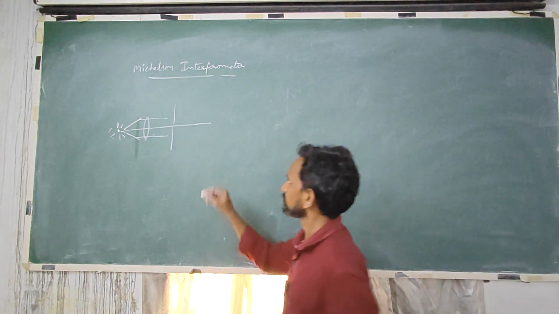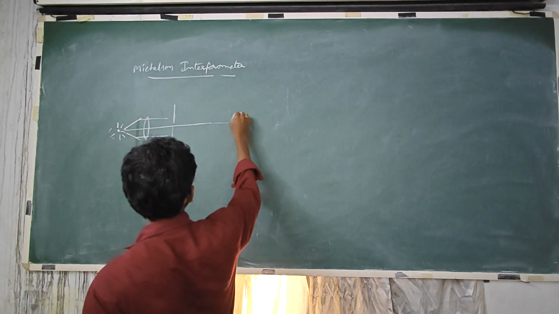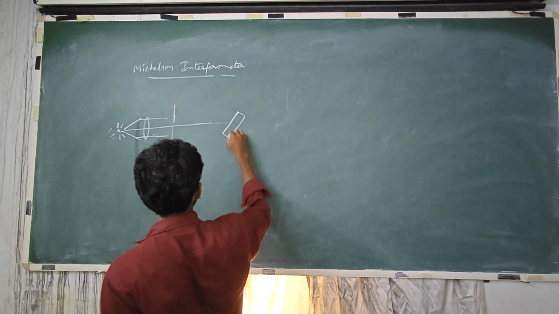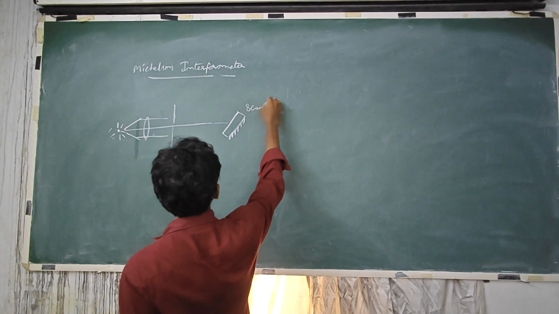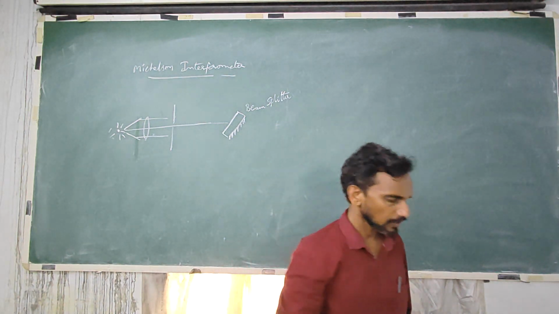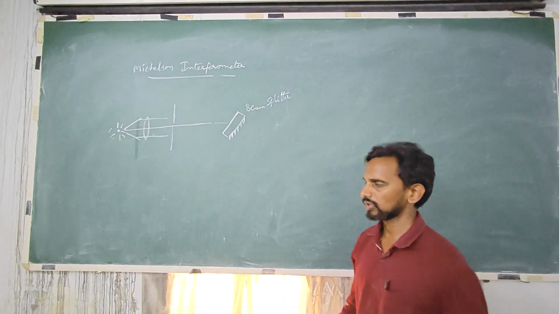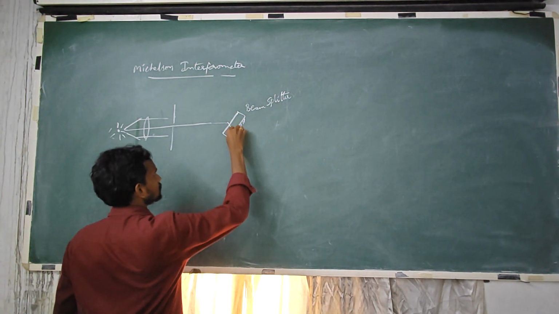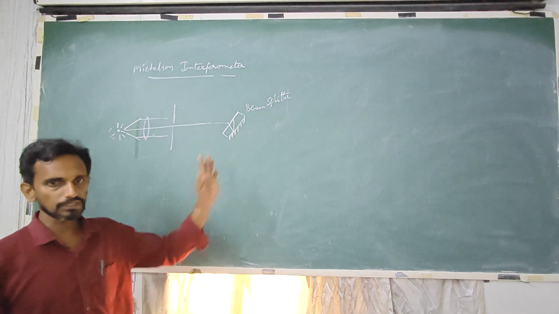And this parallel beam of light rays are falling on a beam splitter. So this is called beam splitter. Beam splitter splits the light rays into two parts. Here the light rays will reflect on the bottom portion of this partially silvered glass plate.